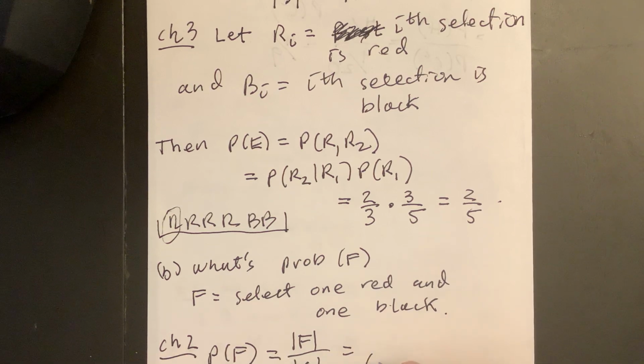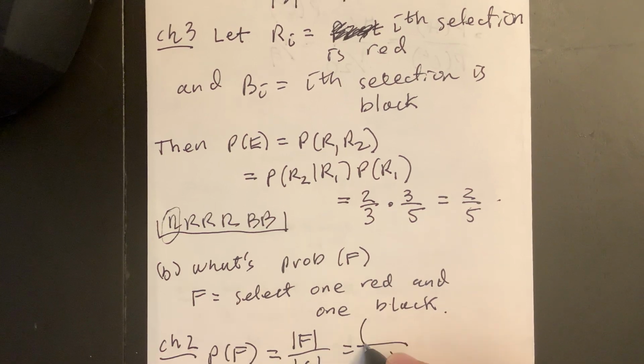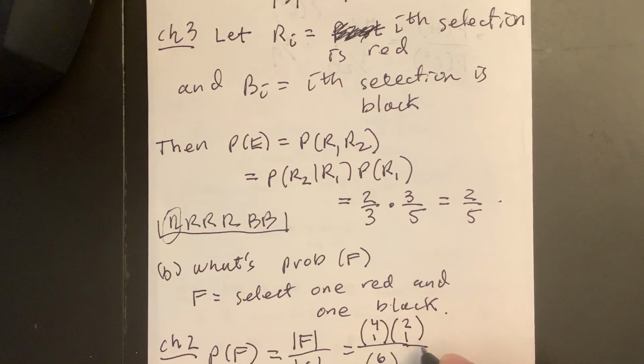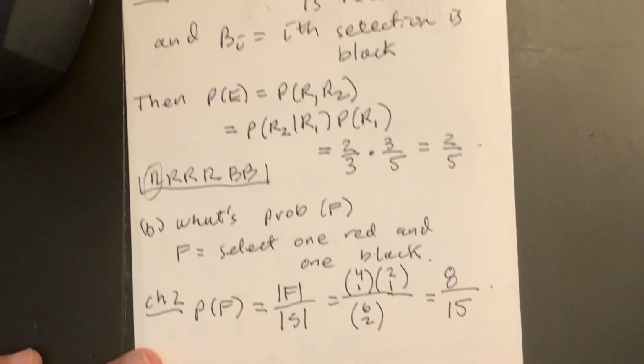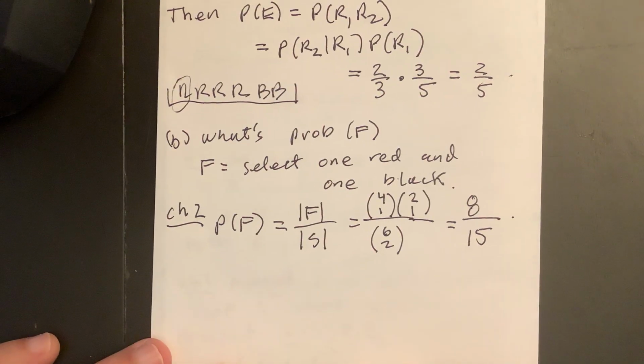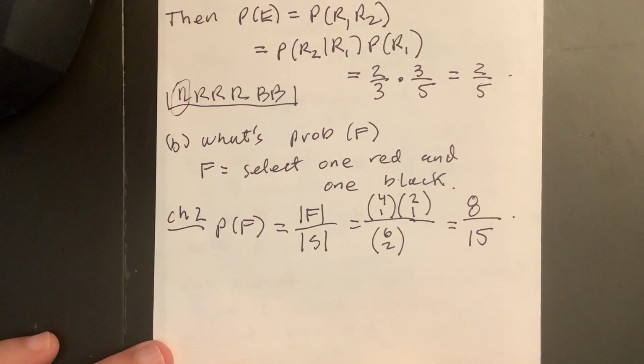S is still 6 choose 2. And F is now 4 choose 1 times 2 choose 1, right? So on the top I get 8, on the bottom I have 15 still. Okay, maybe that one wasn't as bad, but still, I still find it not as easy.